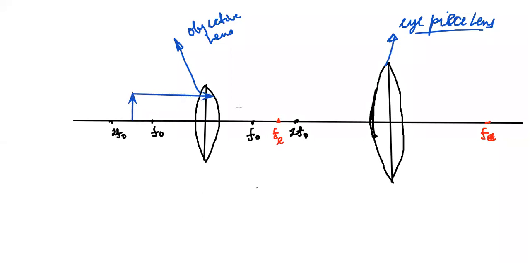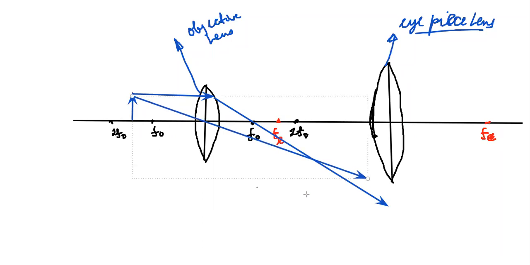This ray will be passing through the FO, and the other ray will be passing through the optical center of the objective lens, and you can see the final image is formed beyond twice FO.